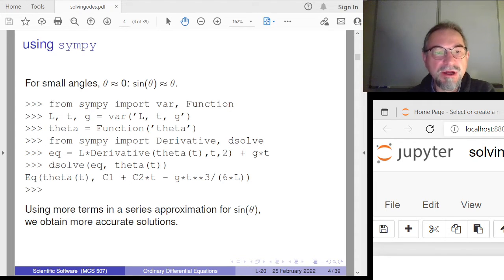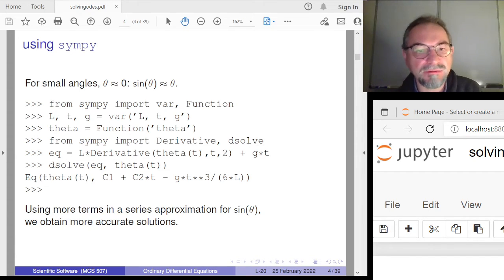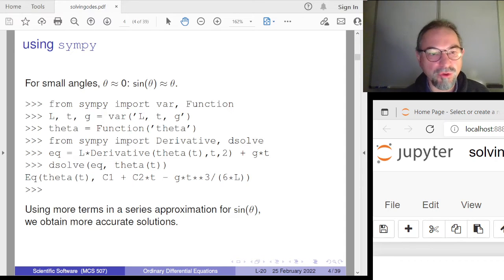Okay, so we define our equation. Here the alpha is not there like in the previous slide, so the L is multiplied out. The equation that we are solving leads again to an equation. The nice thing about the symbolic solution is that we see the two parameters in there, C1 and C2. The C1 and C2 have to be defined using the initial position and the initial velocity.